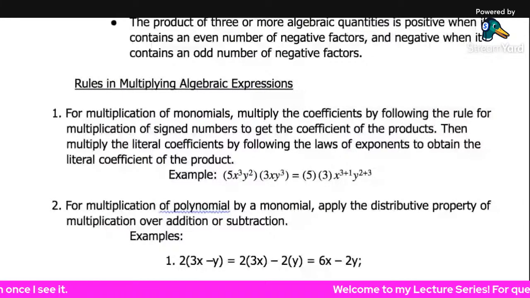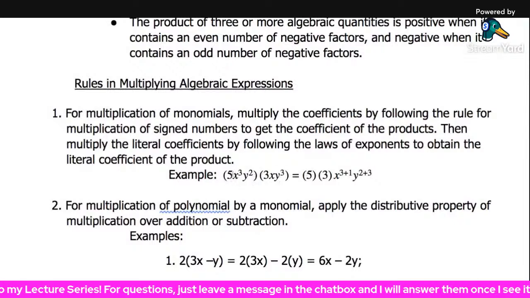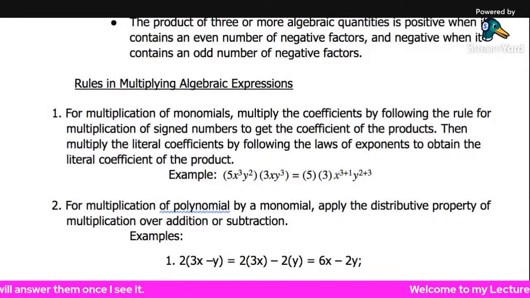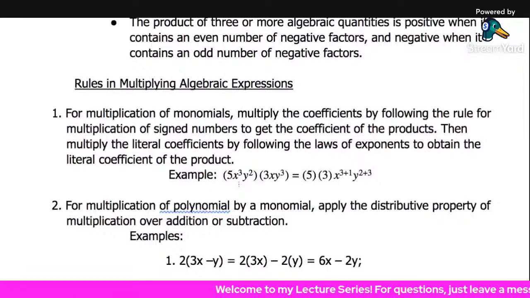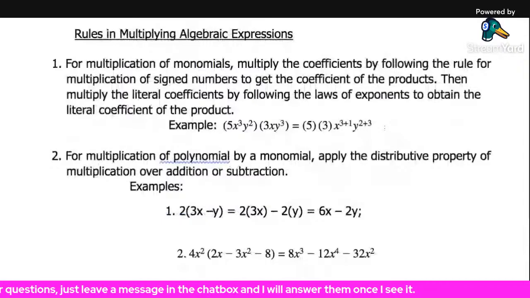For example here, the quantity 5x cubed y squared times 3xy cubed. You just multiply 5 and 3. Then you have x cubed and x, so x to the 3 plus 1, following the laws which we just discussed earlier. Then you have y squared and y cubed, so that would be y to the 2 plus 3. Which will give you 15x to the fourth y to the fifth.